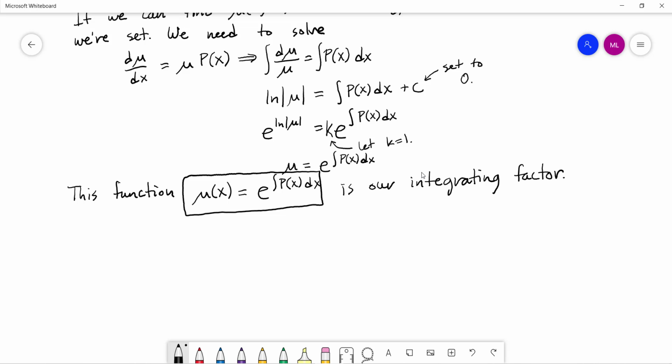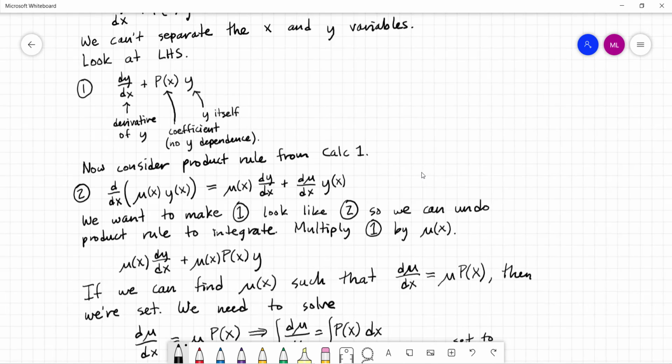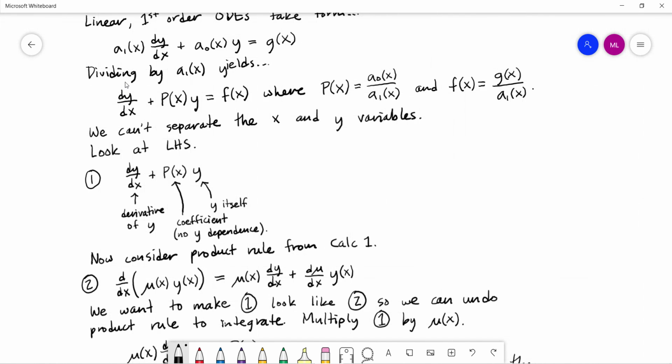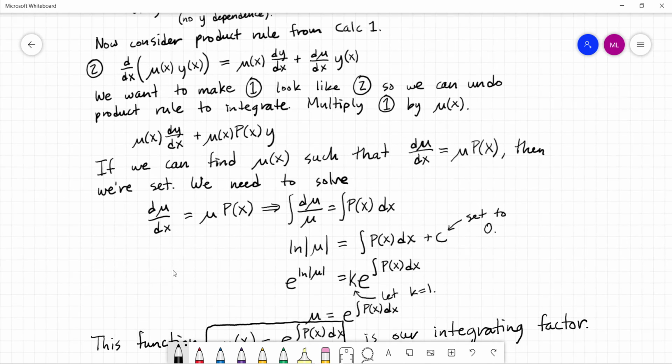And the idea is, if I go back and now multiply the original differential equation sitting way up here by that particular mu of x, every single term, the left-hand side will transform into something that looks like the result of product rule. And how can I integrate it? Well, I can just undo the product rule. I can get rid of this derivative and wind up with something that looks like this.